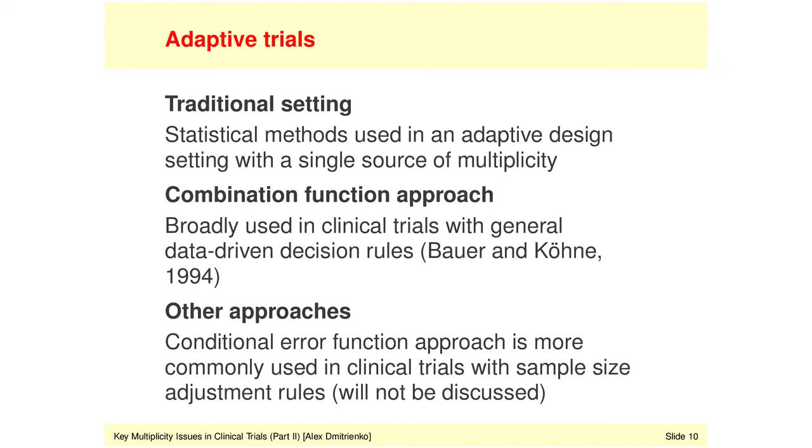I will only reference here the very first paper on this topic that was published in 1994. Other approaches to setting up flexible adaptive designs that may be mentioned here include the conditional error function approach. This approach is more commonly used in the context of clinical trials with sample size adjustment rules, and it will not be discussed in this module.